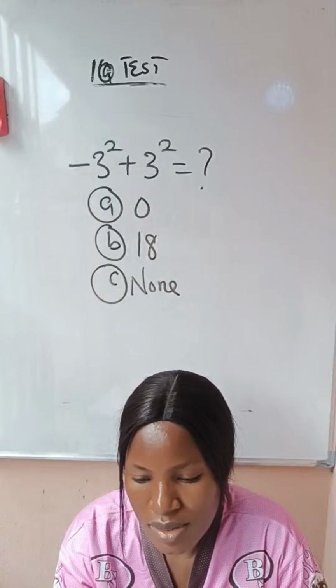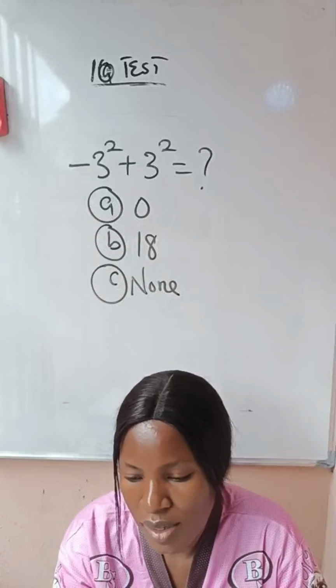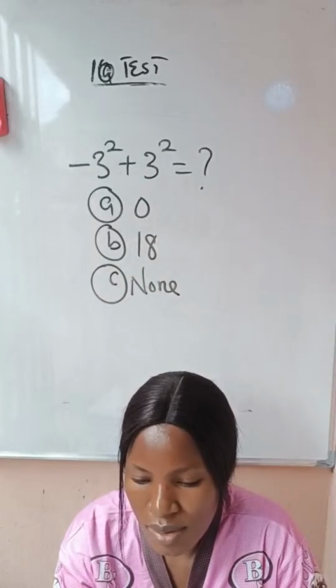Tetrahedron now says minus 3 squared and minus 3 squared are not the same.